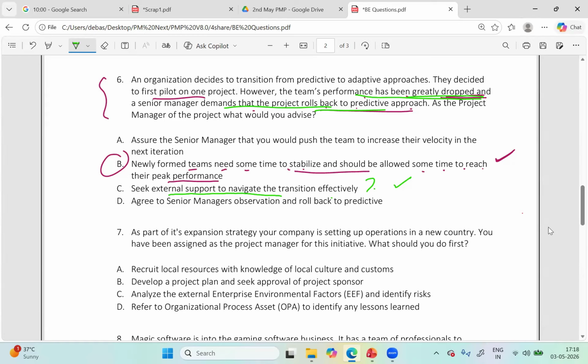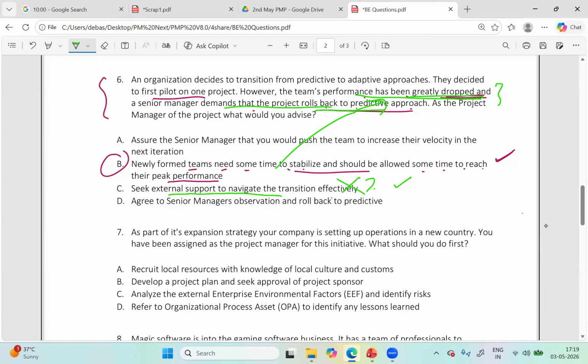Hence, it is not the right answer. But B straight addresses the stance in the question. B, the right answer, explains that this decline in productivity is natural and we should wait. So it does talk about it. But C simply doesn't talk about the stance in the question. It is just a parallel suggestion, a good one, but not addressing the concern in the question. Hence, not a better answer over B.